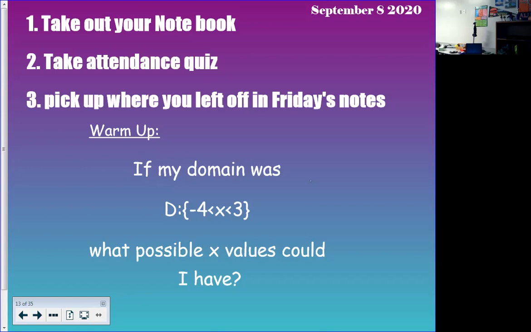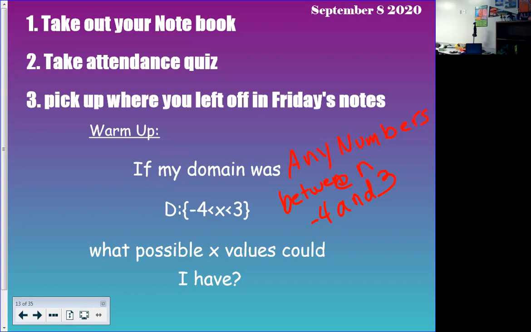All right, so the answer to this is any numbers between -4 and 3. That's my answer to this.